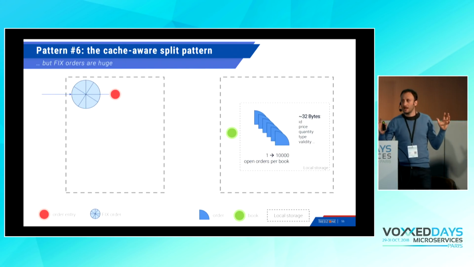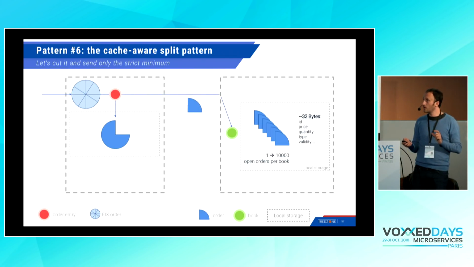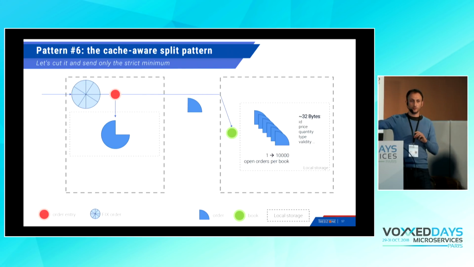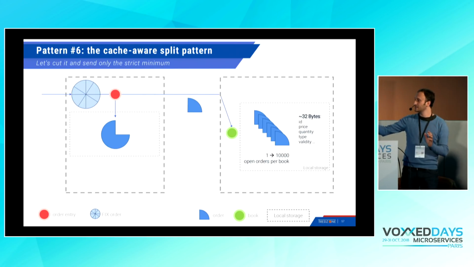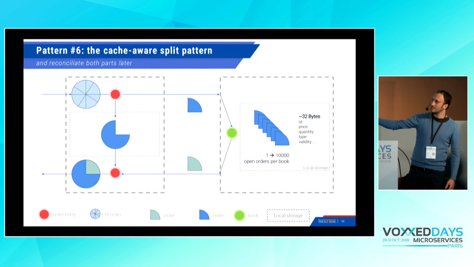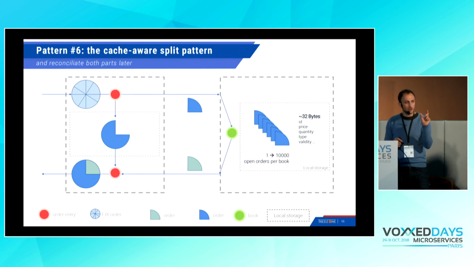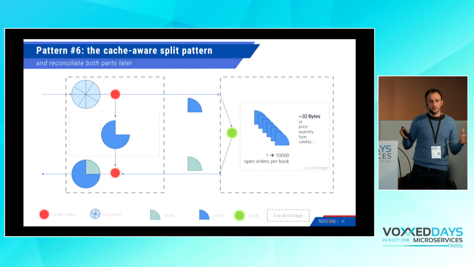The big order I have, I split it when I receive it. I keep inside the first core the big part I don't want to store inside the very critical component of the stock exchange. So I store one part, and I send only the useful part. Then, in the acknowledgement, I give back only what has changed, and then I send back the big order.